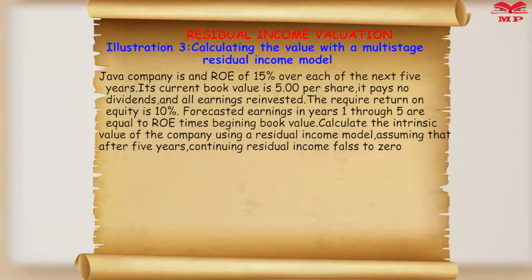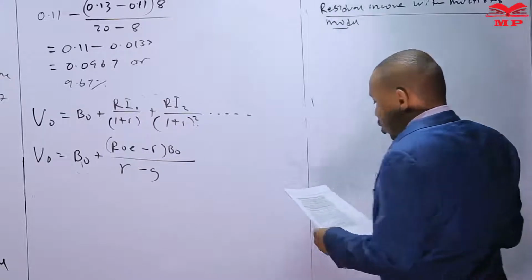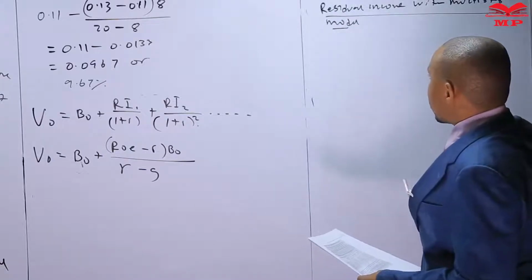It pays no dividends and all earnings are reinvested. The required return on equity is 10%. Forecasted earnings in years 1 through to 5 are equal to ROE times the beginning book value. Calculate the intrinsic value of the company using the residual income model, assuming that after 5 years, continuing residual income will fall to 0.